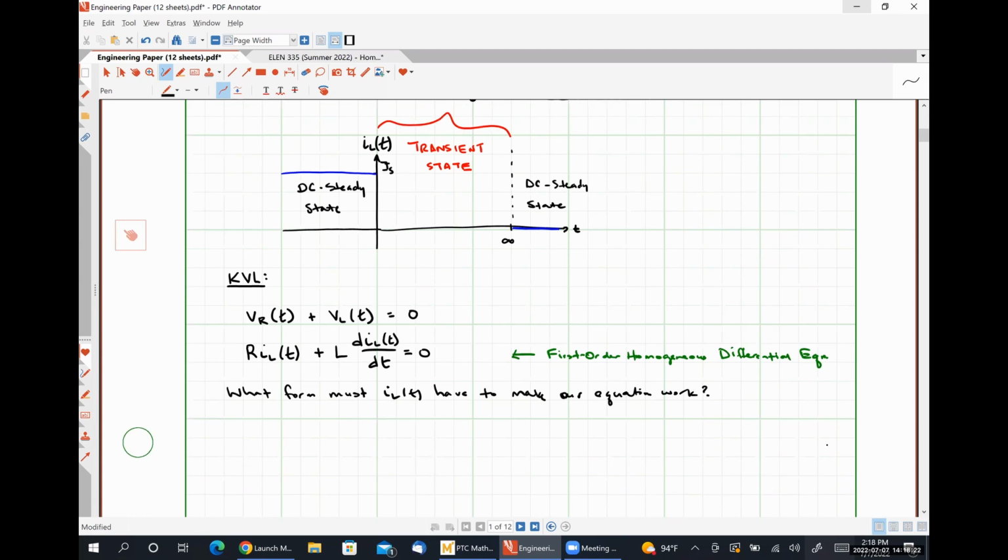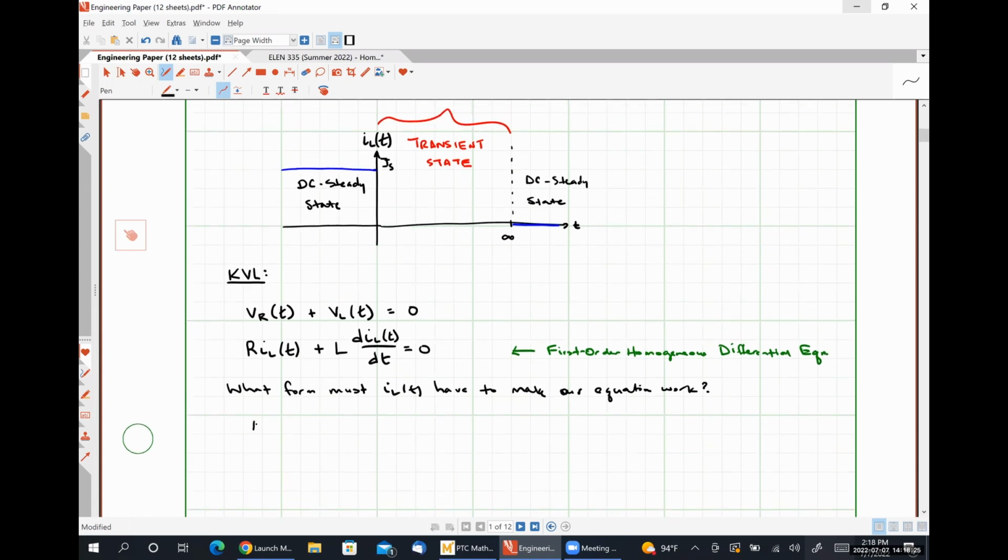So we're going to assume that IL of t will be of the form A, which is just a scaling factor, E to the st, where S is what's called the eigenvalue of the system, and it effectively tells us how quickly our exponential will decay.